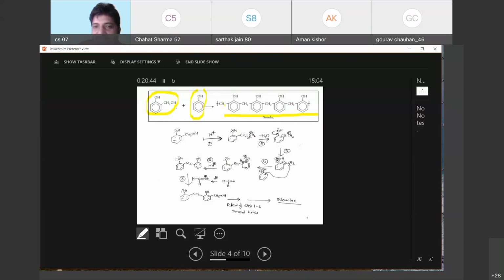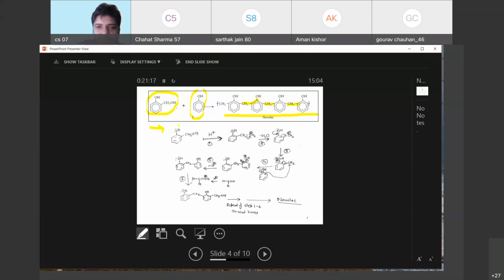CH2, benzene ring, CH2, then again phenol, CH2, then again phenol. Like this, you will get the linear polymer. That linear polymer is called novolac. And how this reaction takes place, you can see here in the reaction mechanism. All this takes place under acidic conditions.